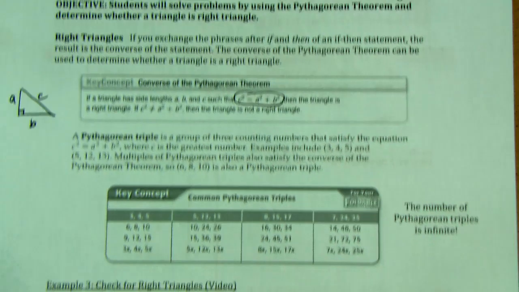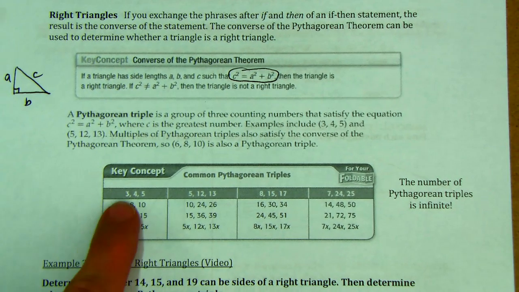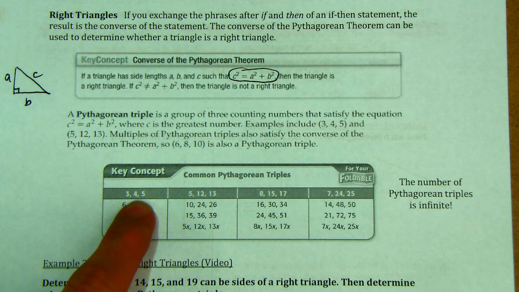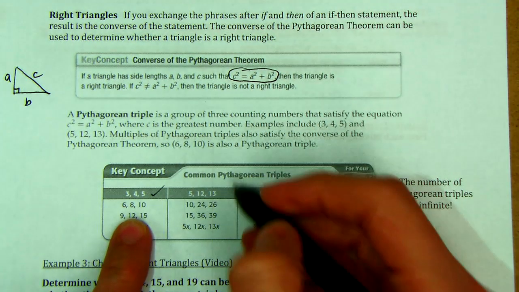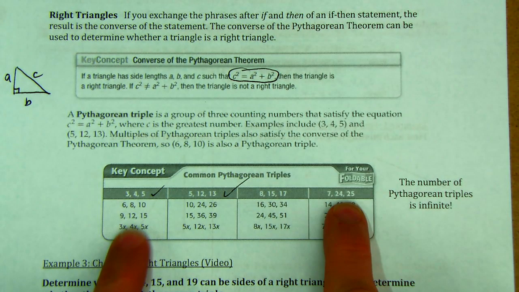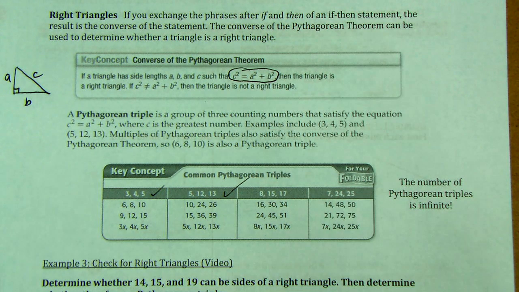I remember this one all the time, and this one too, but I'm not going to lie, these two I tend to forget about because I'm not as familiar with them. The numbers are not as close together, so you kind of forget. But these are Pythagorean triples. In order to be a Pythagorean triple, it has to be integers. So if it satisfies the Pythagorean theorem and they're integers, then it's going to be a Pythagorean triple.